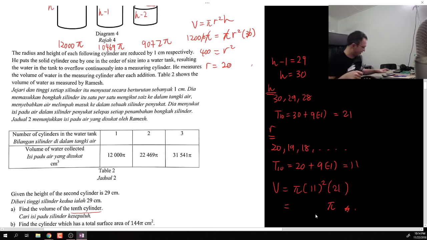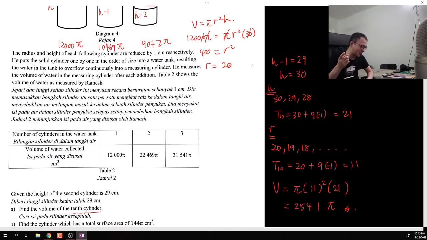Alright, let me just calculate again. 11 square times 21. Yeah, it's 2541. Yes. I'm human, I make mistakes like you do. But normally in the real exam, you shouldn't learn from me. You shouldn't make mistakes. Alright.